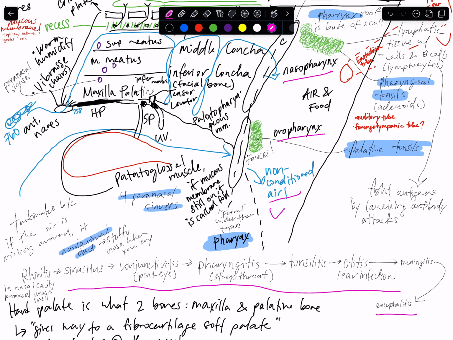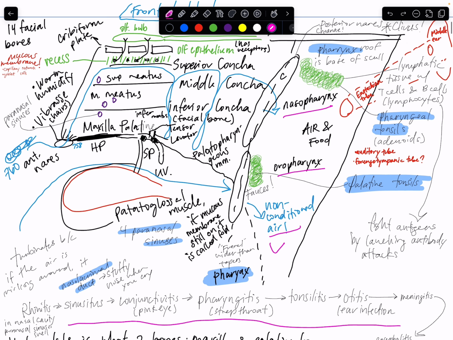So these are just different pathways that you begin to expose your mucous membranes to infection, leading to swelling, inflammation, obviously, because itis, as we know, is the suffix.